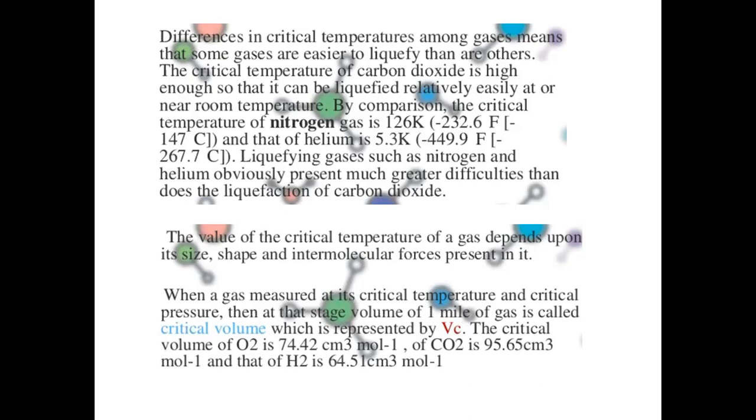Right, students? So what is the significance of critical temperature? The critical temperature for different gases helps us in comparing the relative tendency of a gas to get liquefied, right? So the greater the critical temperature, the easier is the liquefaction of a gas.